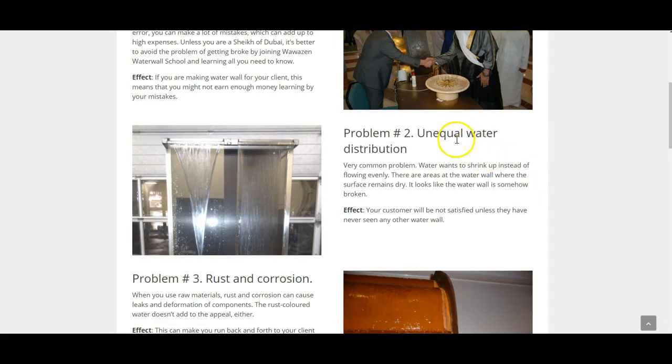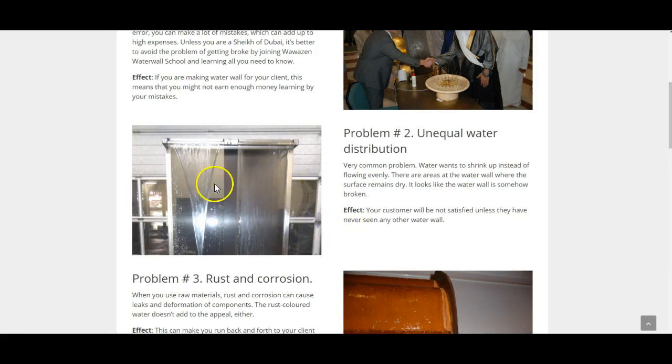Then the second is unequal water distribution. So I think this is actually the biggest problem when producing water walls, because what you're probably going to encounter is that the water tends to connect itself to a stream, so that you will have dry areas instead of having the water really covering the whole surface.